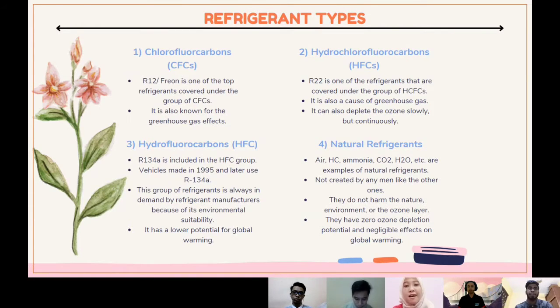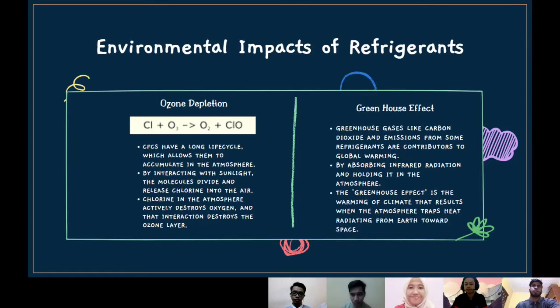The examples are air, hydrocarbon, ammonia, carbon dioxide, water, and others. This kind of refrigerant is not created by man like the other ones. It does not harm the natural environment or ozone layer, with zero ozone depletion potential and negligible effect on global warming. So the next slide I will pass to my friend.